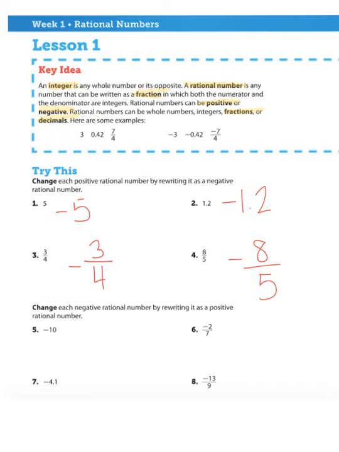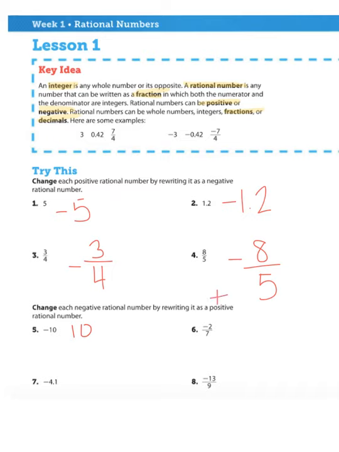And then next, we are going to change each negative rational number by rewriting it as a positive rational number. So we know it's negative when there's a negative sign in front of it. So now we're going to do the opposite of a negative 10. The opposite of a negative 10 is going to be a positive 10. And a positive sign is just a plus sign.